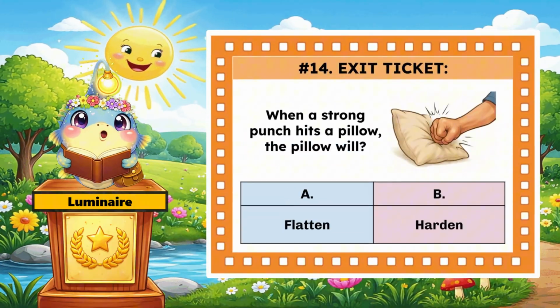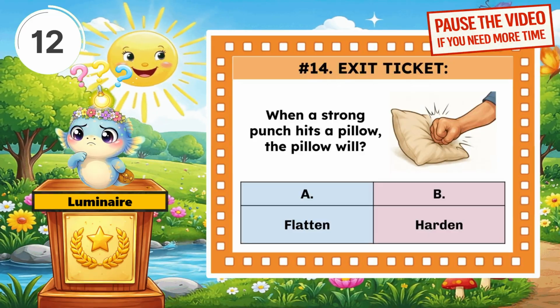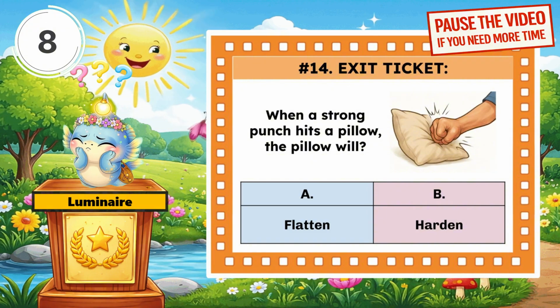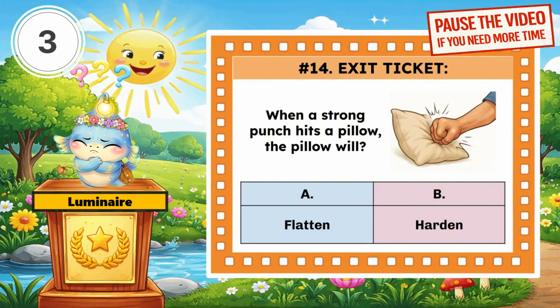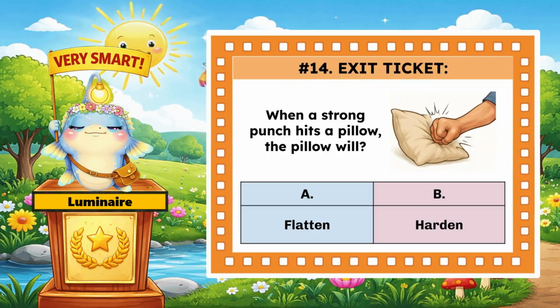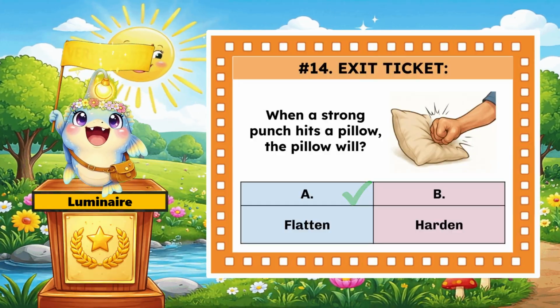When a strong punch hits a pillow, the pillow will blank. And the correct answer is letter A, flatten.